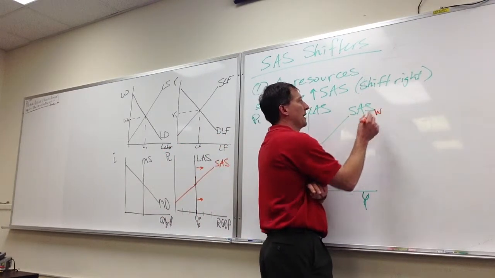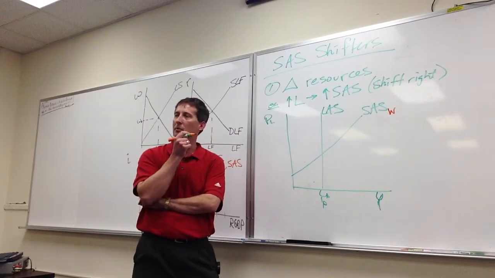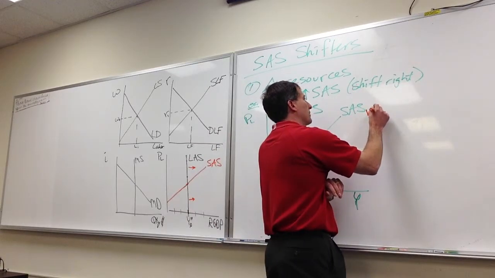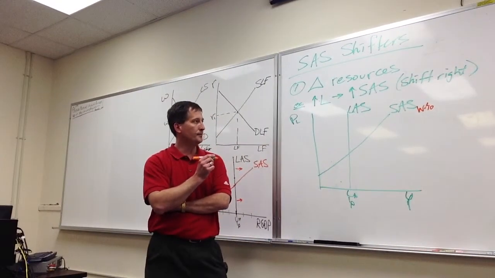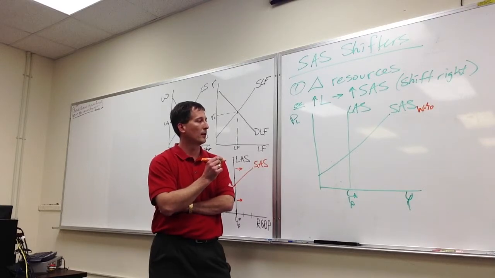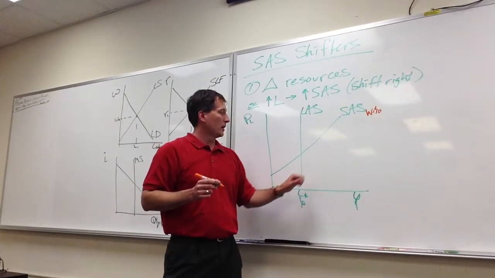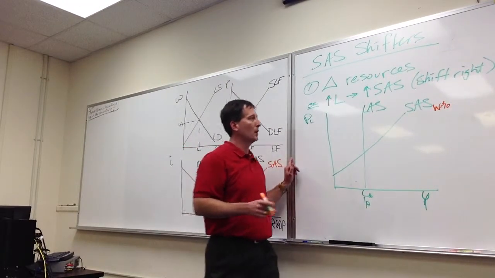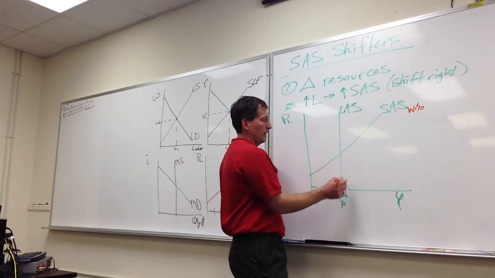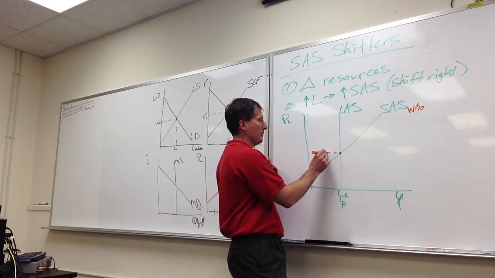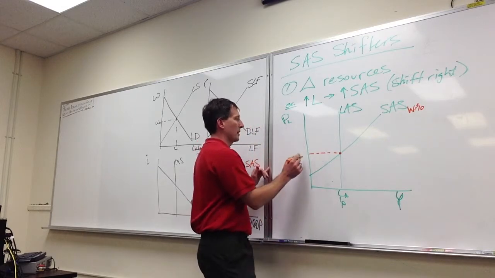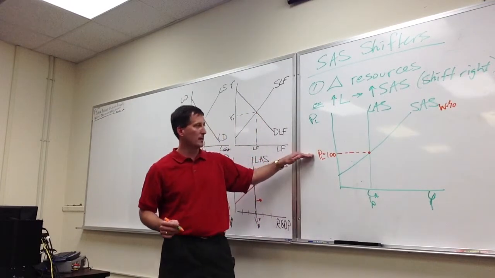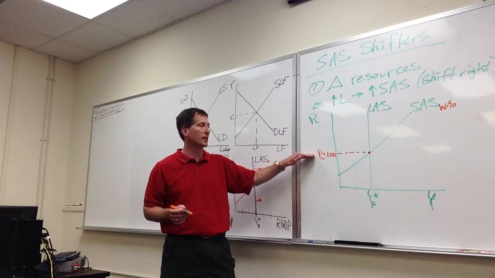I'm just going to use a big W, which we used in chapter 6 when we talked about wages. Let's just say that the wages are constant at $10 an hour. If there's an increase in the quantity of labor, holding all other things constant, then if this intersection happens to be at a price level of 100, just making up a number now. Remember, that's our base year. It's always equal to 100, but I'm just using 100 for simplicity.